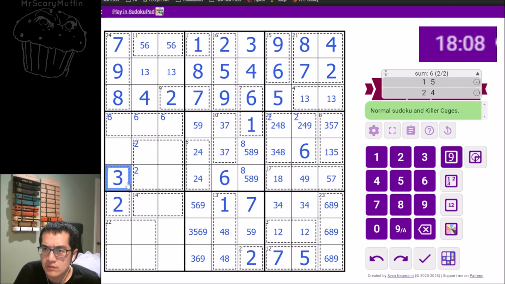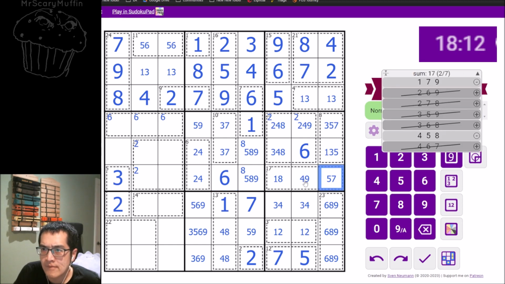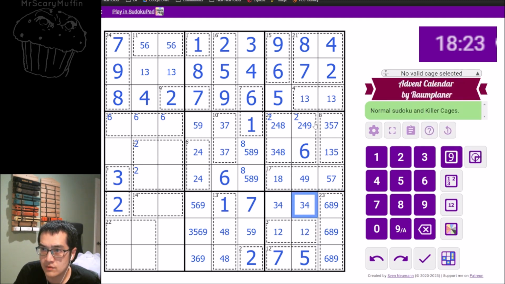Are we missing any numbers down here? Doesn't look like it. 7, 8. There's got to be something here, right? Some combination that just doesn't work. 1, 2.